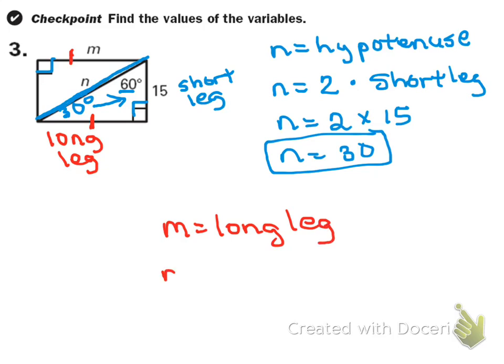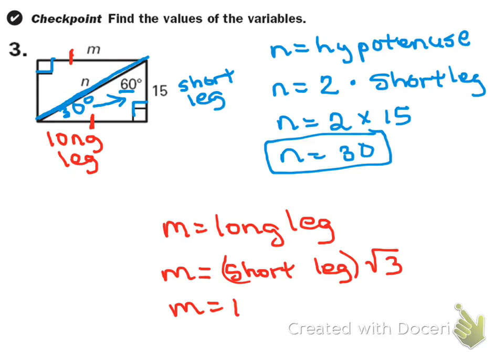Remember, in a 30, 60, 90 triangle, to find the long leg, it's the square root of 3 times the short leg, or the short leg times the square root of 3. In our 30, 60, 90 triangle, we know the short leg is 15. We end up with the length of m is equal to 15 times the square root of 3.